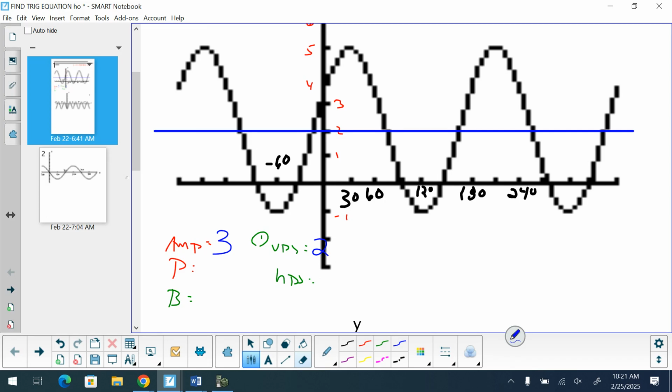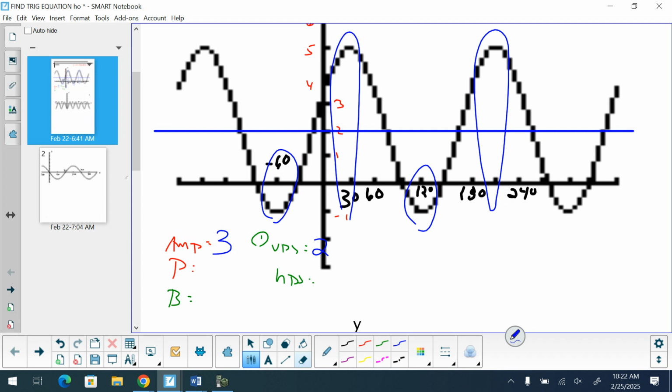So if I go from peak to peak or valley to valley, here's the valley, here's the valley. Here would be a peak, here would be a peak. Because if I go peak to peak, that is one complete cycle. If I go valley to valley, that is one complete cycle.